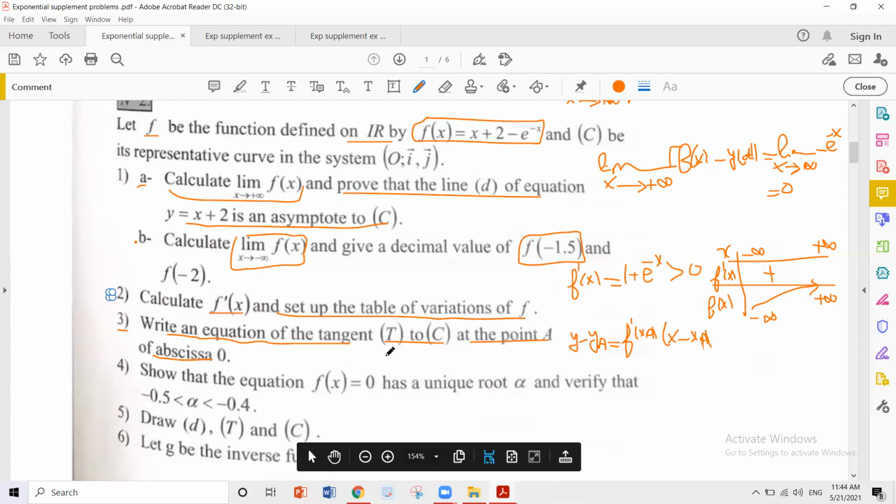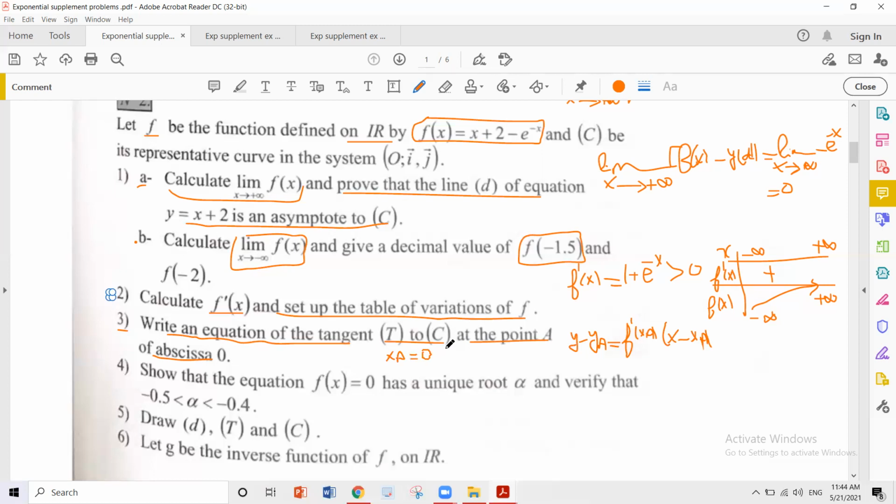So we have abscissa 0, x_A equals 0. y_A equals, we replace x by 0, we get 0 plus 2 minus 1 equal 1.